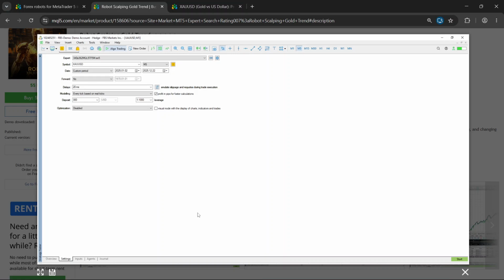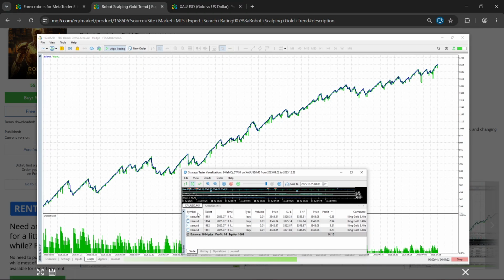And before we move over to the backtest, let's see what the developer shows for their own backtest. See the gold USD custom period, 1 year, modeling everything based on real ticks. And let's see the equity curve.